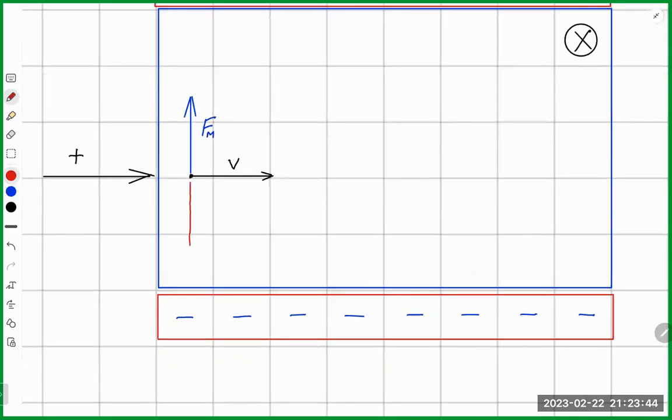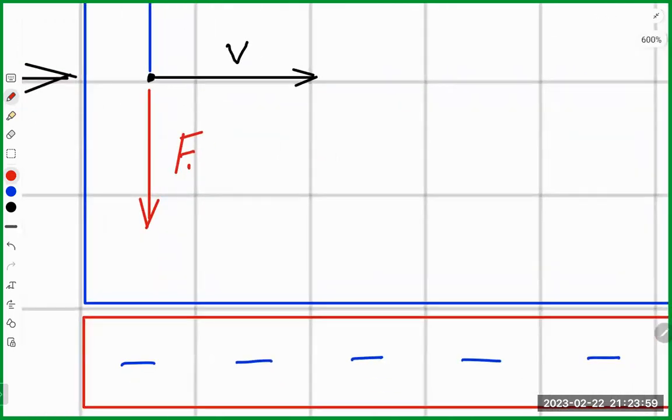So that will produce an electric force downward.